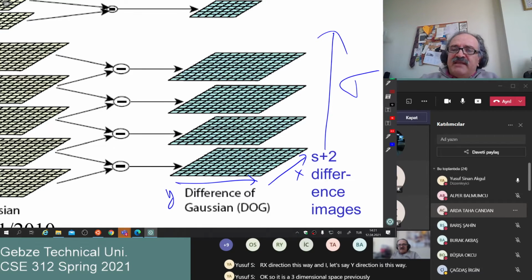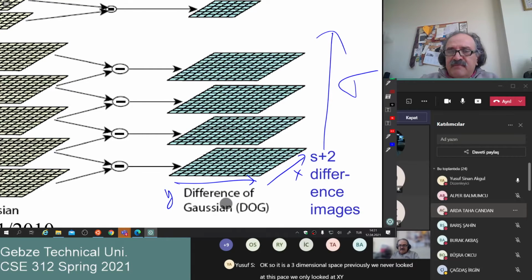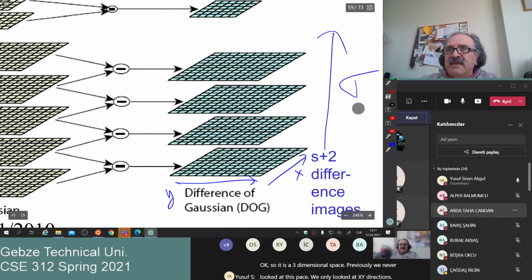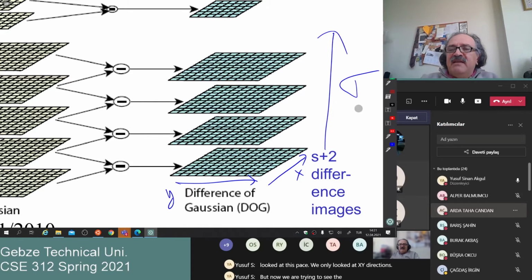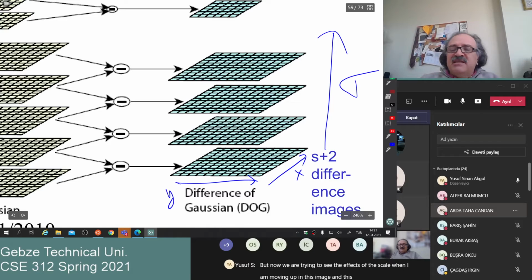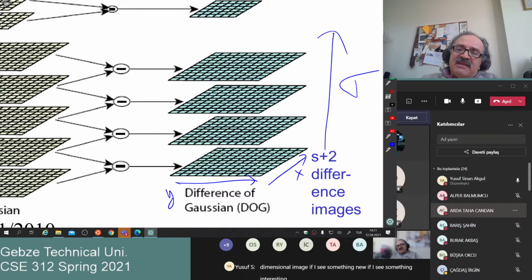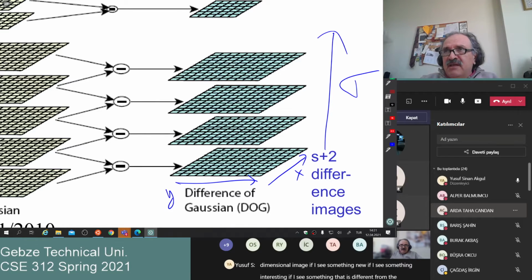Previously we never looked at this space; we only looked at x and y directions. But now we are trying to see the effects of the scale. When I am moving up in this three-dimensional image, if I see something new, something interesting, something that is different from the neighbors, then I say that's an interesting point. That will be my point.